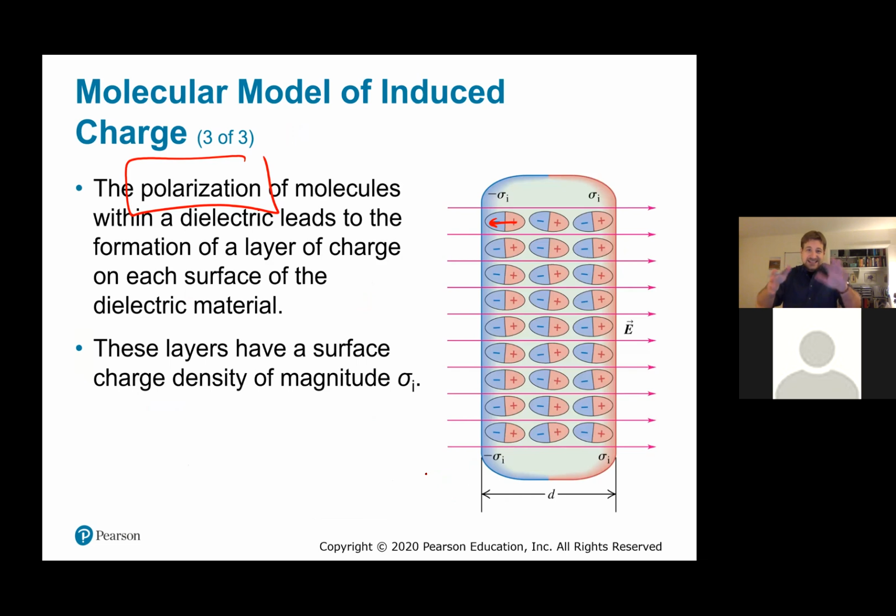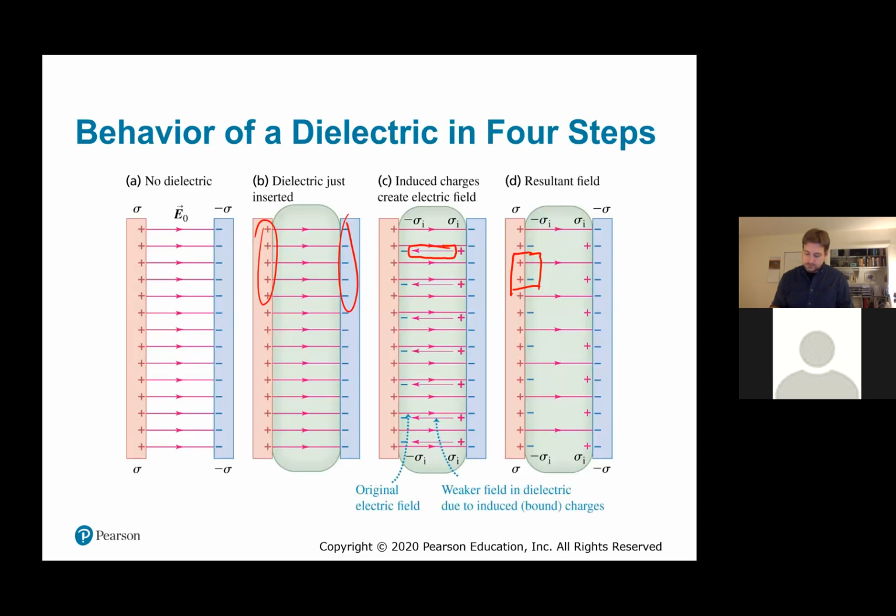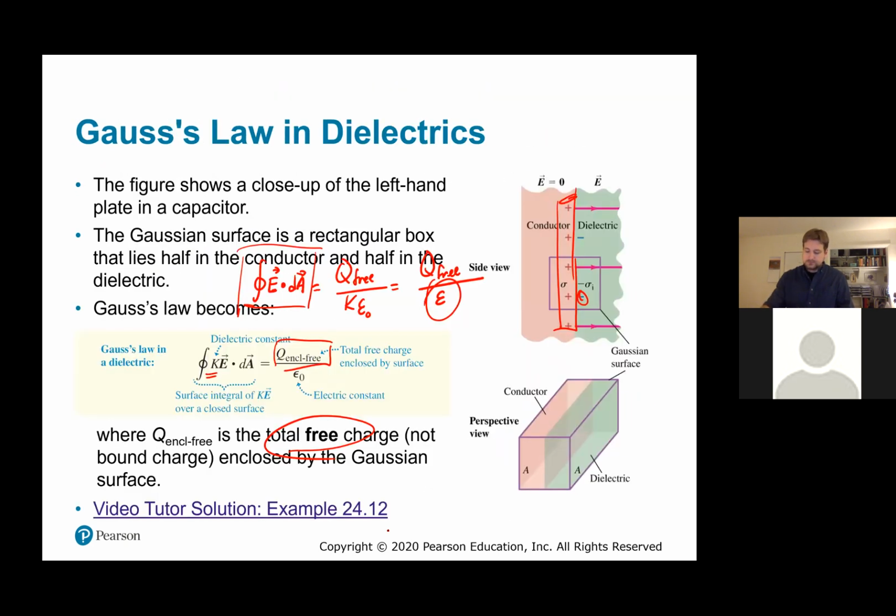We're setting up alignment between molecules, but we're not taking this molecule and moving it around. The free charge, which is the charge we had before, divided by the additional permittivity associated with this interaction.